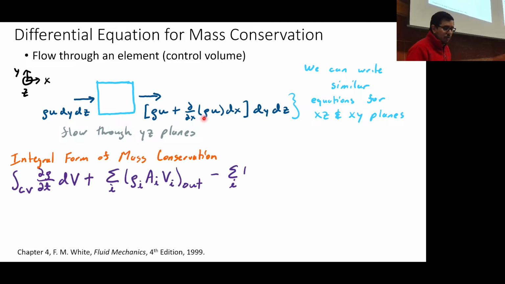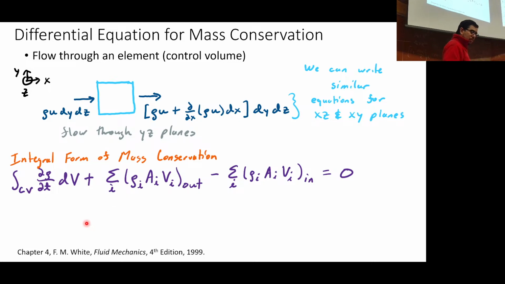We can also write these equations in the xz and xy planes. This one is in the xy plane, boom, boom. And this ends up being kind of a description of a differential depiction of mass conservation.